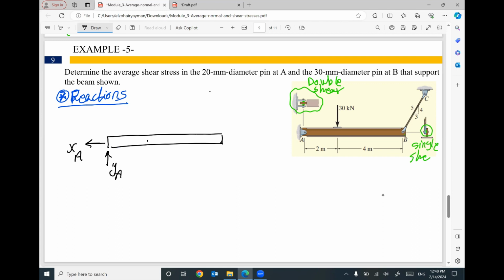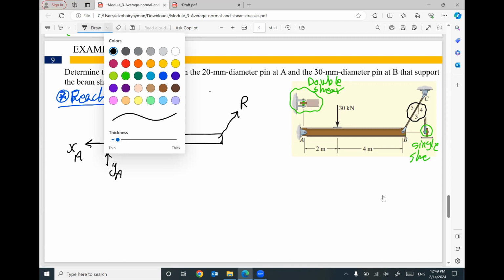I am given an applied force at this point, 30 kilonewton. Member BC is a cable member, or two force member, or link member. That means I'm gonna have only one reaction in member BC. This reaction with inclination and the right angle triangle 3/4 is given.